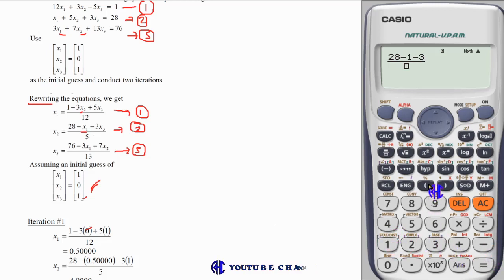Minus 3 times x sub 3, which is 1 din. All over 5. It's 24 over 5. Yung 3 times 1, yung 28. Okay. Ito pala. Kailangan nyo tandaan to.